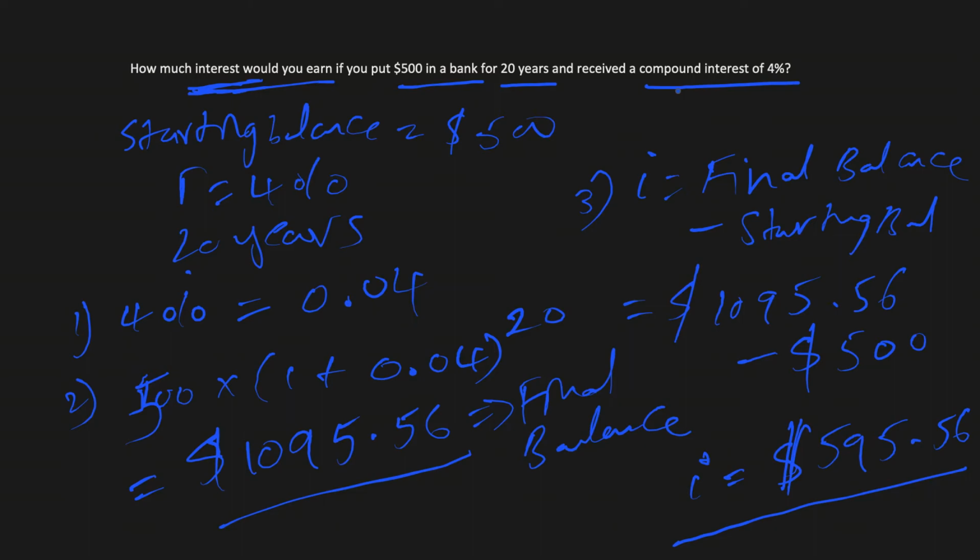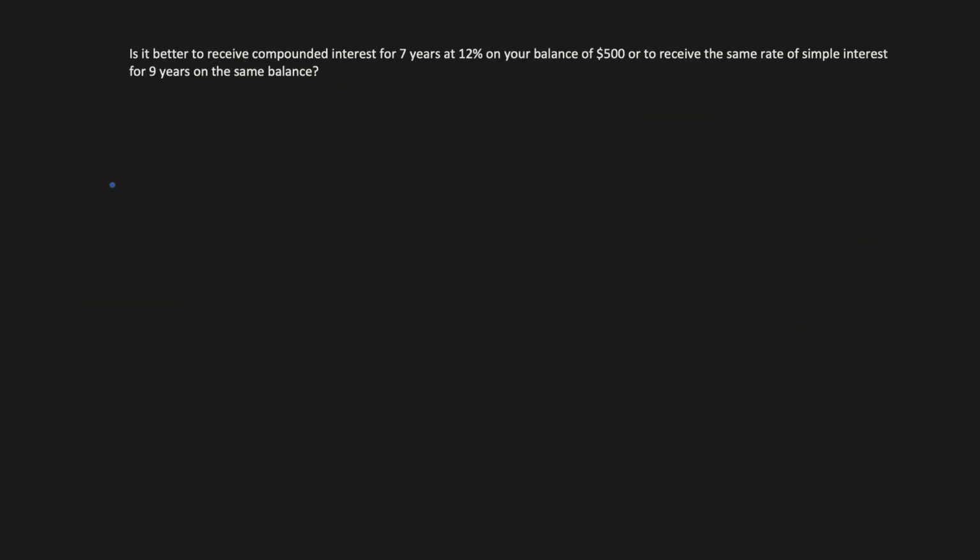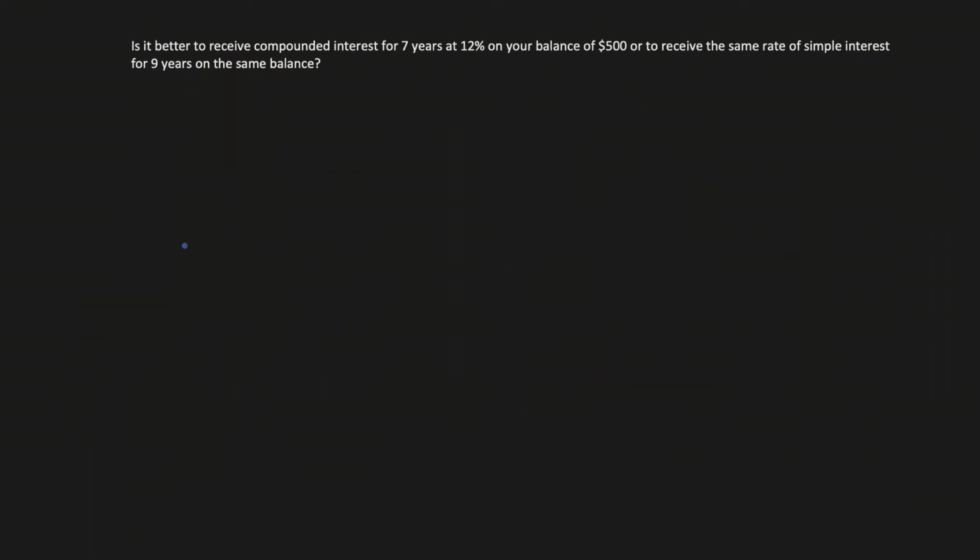So in the next example, which I think is a really great example to understand compound interest and simple interest in the same question, we have to see which method is better.